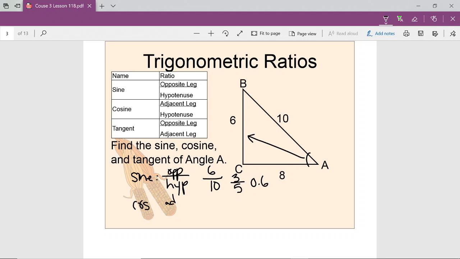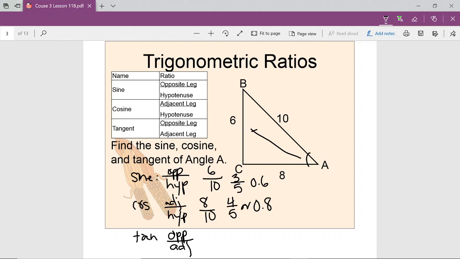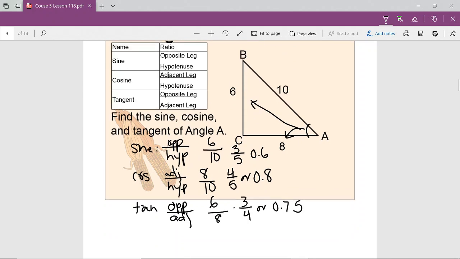Cosine is then the adjacent over the hypotenuse, which the adjacent from angle A is right here, 8, over the hypotenuse of 10. So we could say this is 4/5 or 0.8. Lastly, the tangent is our opposite over adjacent. So opposite is 6, adjacent is 8. So we can say this is 3/4 or 0.75. So we have all of these different ratios with respect to angle A.